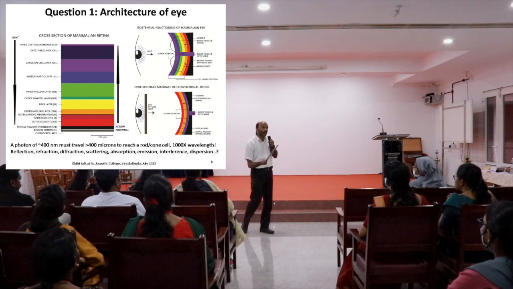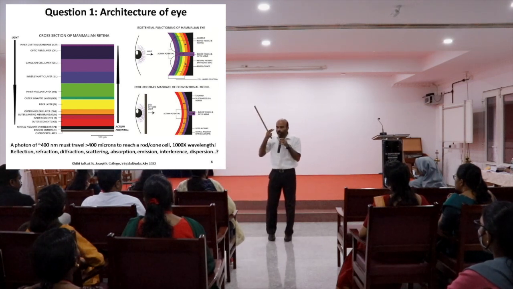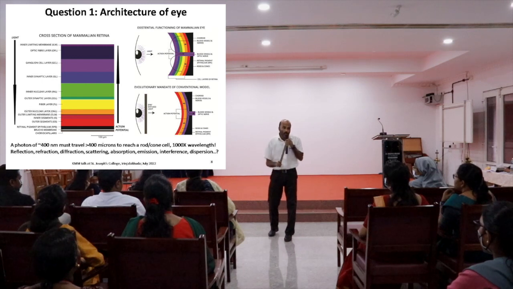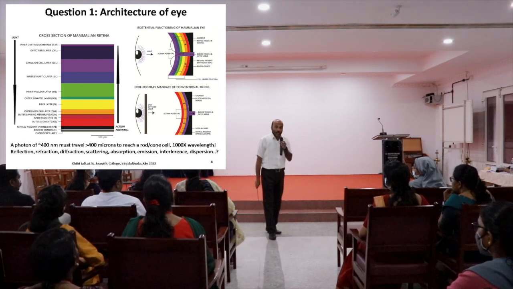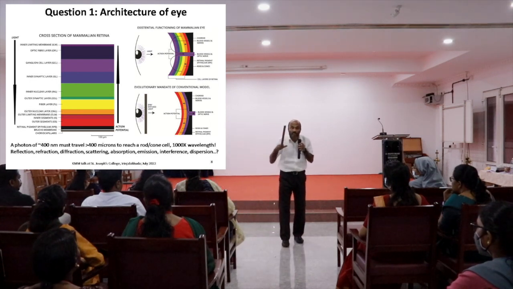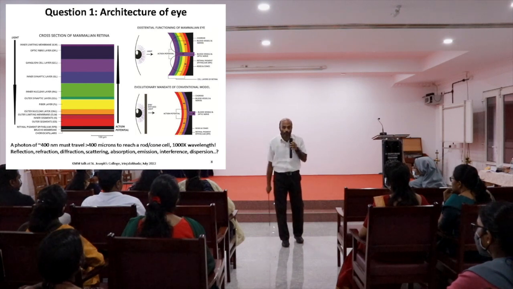Now, you imagine a photon of 400 nanometers, where the visible range starts. Now, this is approximately 400 microns thick. It is 1,000 times the wavelength of that photon.